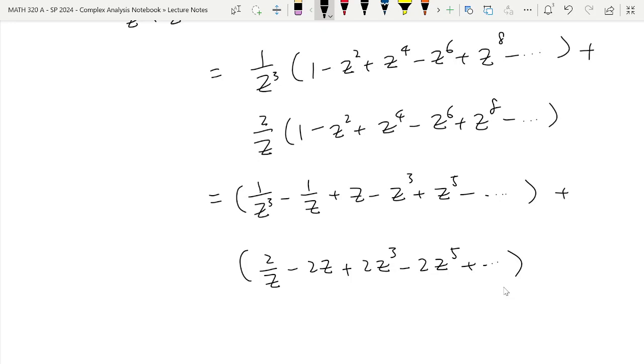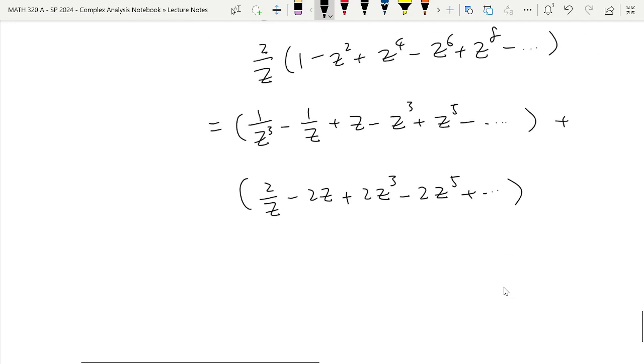Here I'm going to write down the first few terms, and the leading terms I'm going to arrange in the same order as I write here, and then minus 1 over z. Oh, but plus 2 over z, so I get a cancellation a little bit. So I get 1 over z cubed plus 1 over z. That is the most important term I want to know.